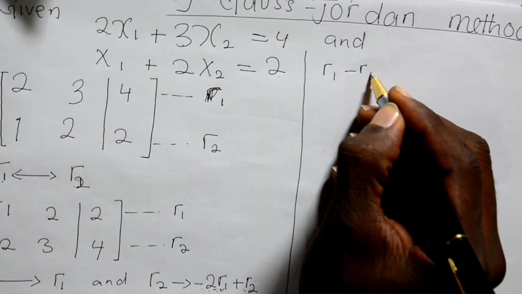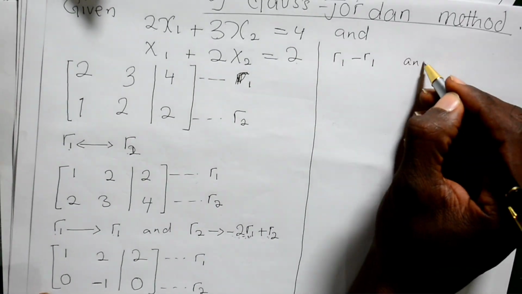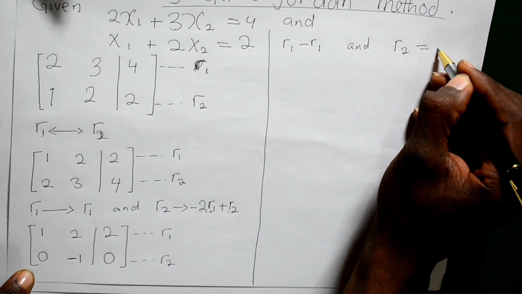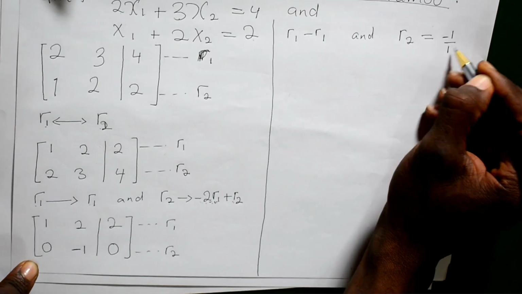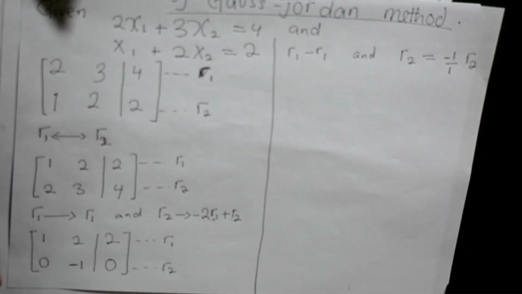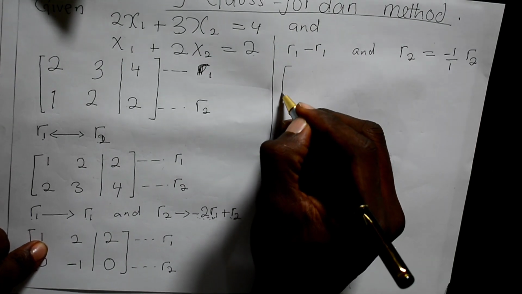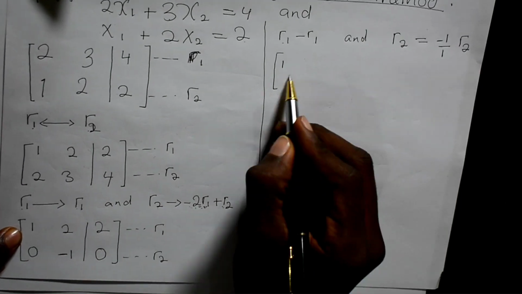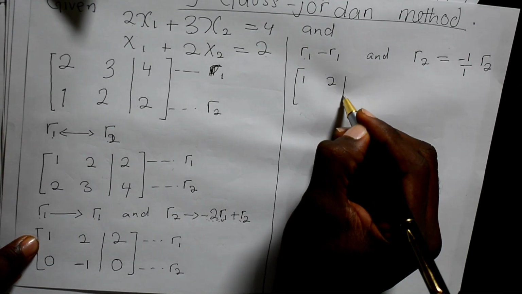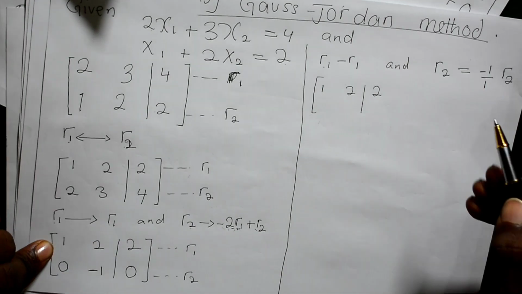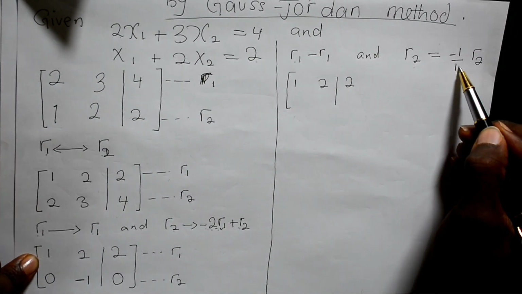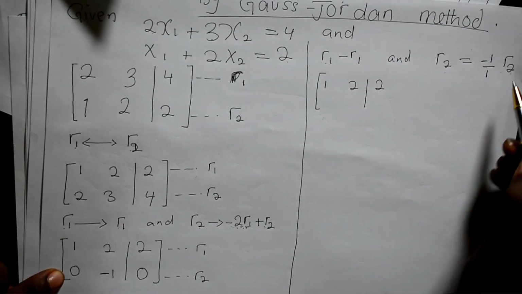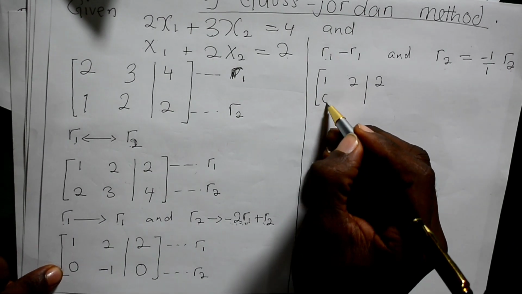So now row 1 remains row 1. We are going to change row 2 to be -1 all over 1 times row 2. This will make -1 to be 1. Still row 1 remains row 1. So that means 1, 2 and constant 2. So now row 2 will be -1 all over 1 times row 2. That means -1 over 1 times 0, which is 0.